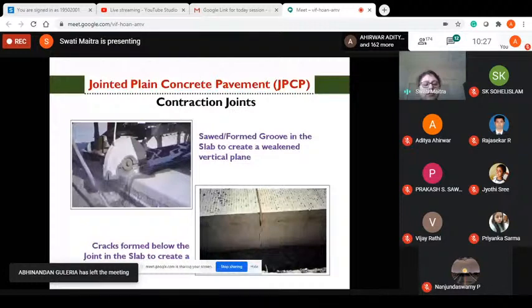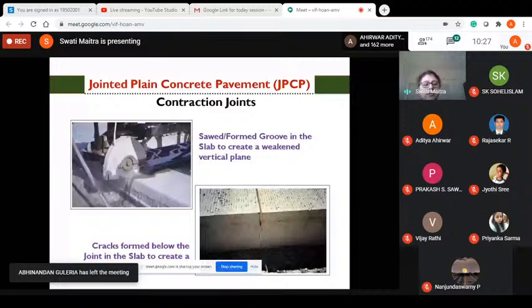As close as possible, over 90% is good enough. So the performance of the joint is expressed in terms of its load transfer efficiency. It is very important to have good load transfer efficiency for a pavement to perform longer.